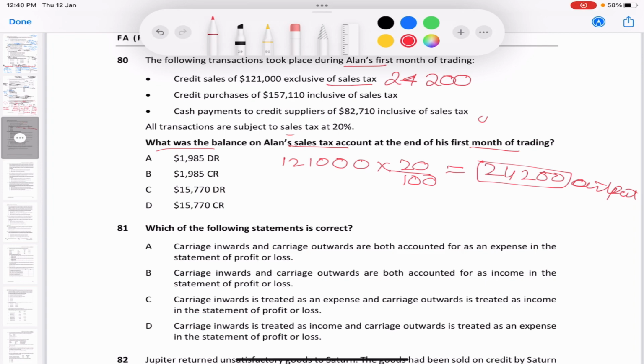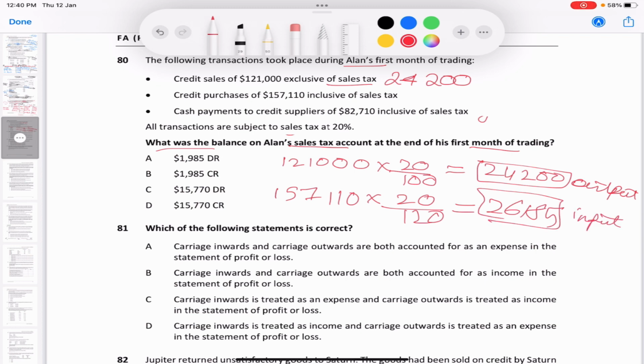Purchases. Let me calculate for purchases as well, the same way I did for sales. Okay. So 157,110 is the gross purchases. So 20 upon 120, 26,185. This is my input tax because it is charged on purchases.